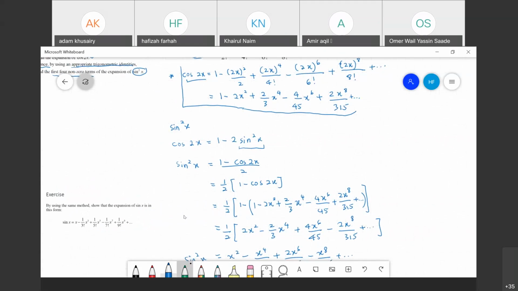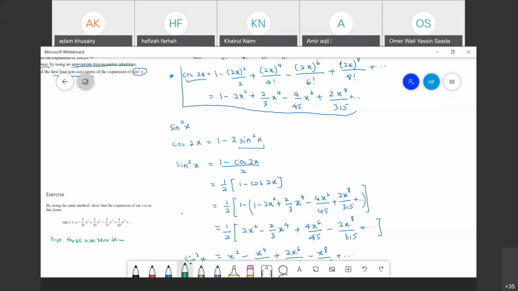I want you to try this exercise, but just find up until the first three non-zero terms.